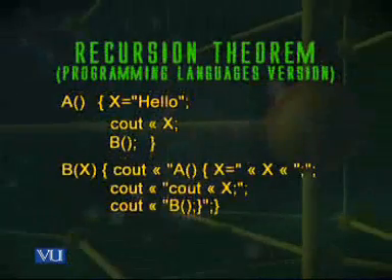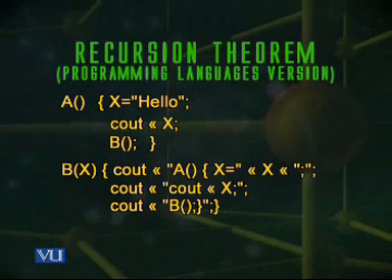So what we're going to do is start with something simple and work towards the solution. Here you have a program which is in two functions that I have written here. The first function is A and the second function is B. The first function A is very simple.